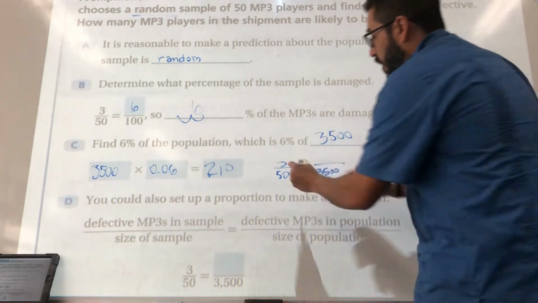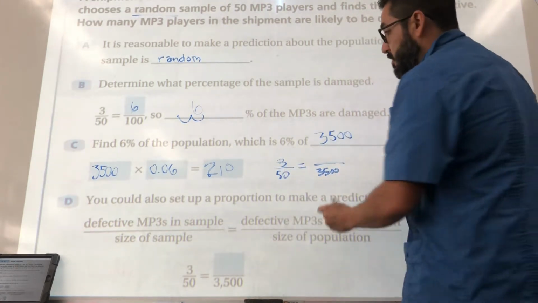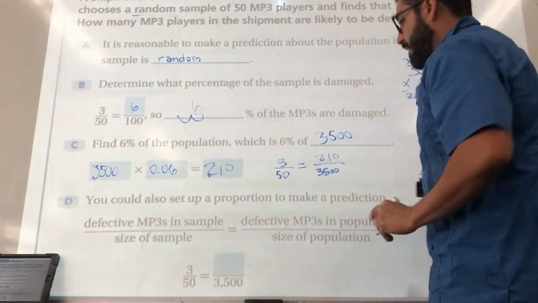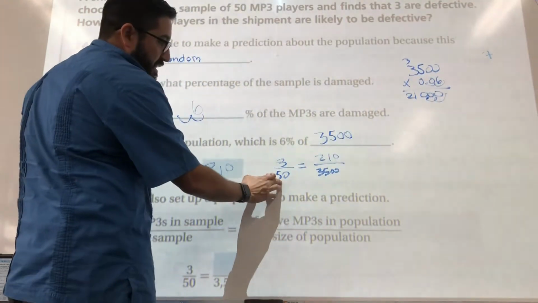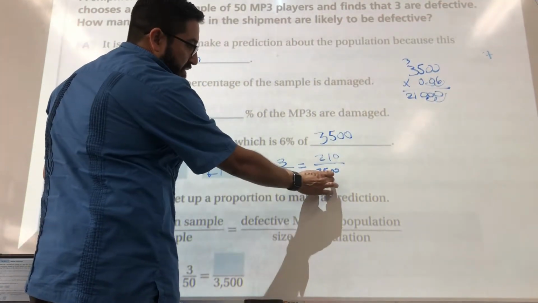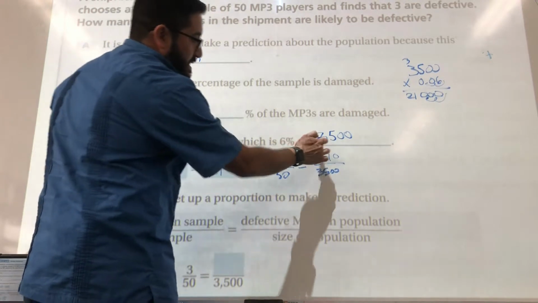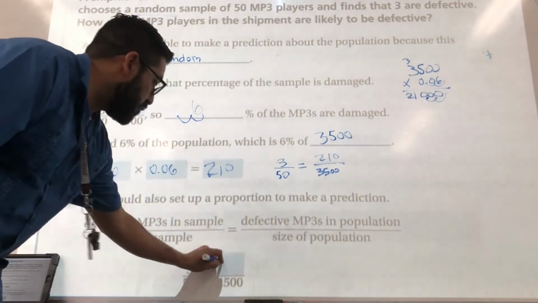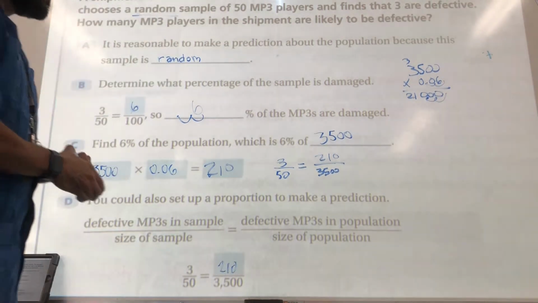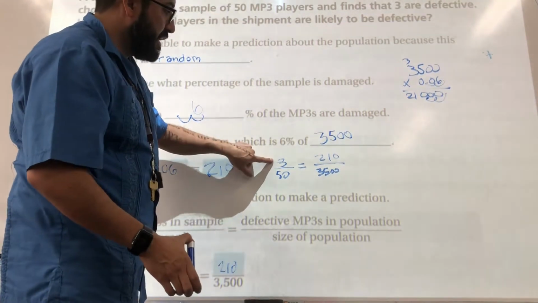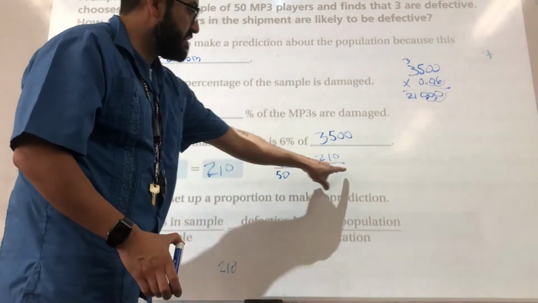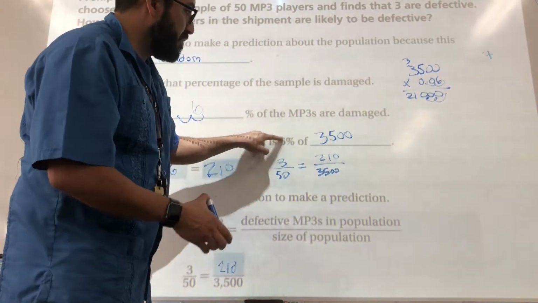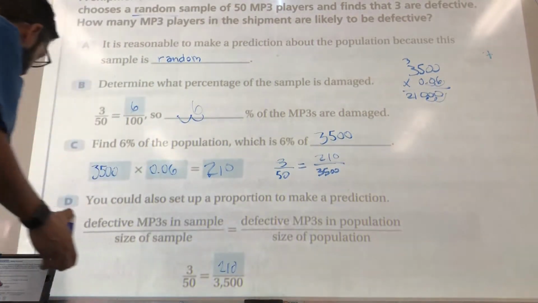And if you solve those for the proportion, you would get 210 right here. You'd figure out, okay, I need to multiply this by 70 to get 3,500, so I need to multiply this by 70 to get 210. Okay, and that's written down here. Boom. Okay, you could also say divide 50 by 3 and then get that number, and then divide 3,500 by whatever number you find, and you'll get 210.